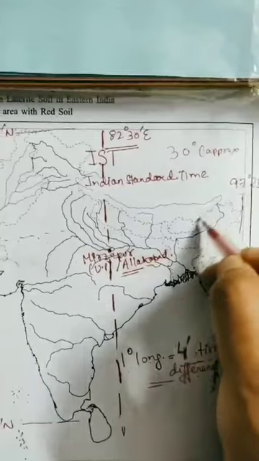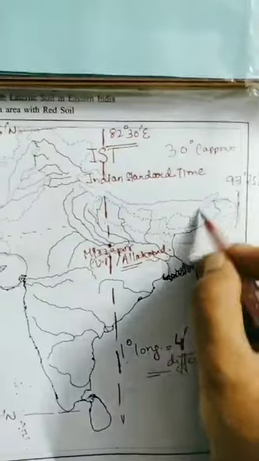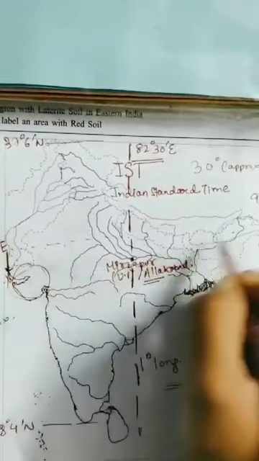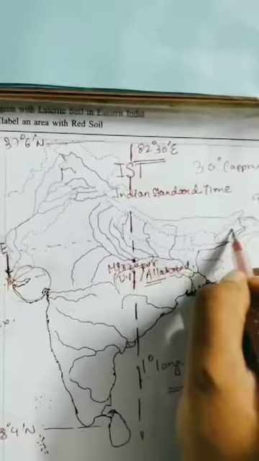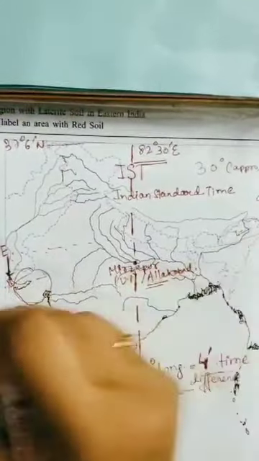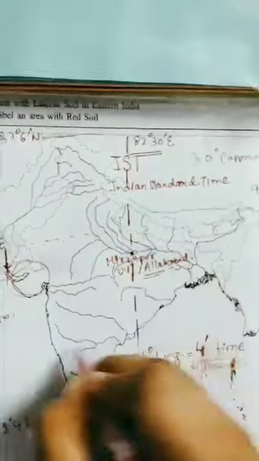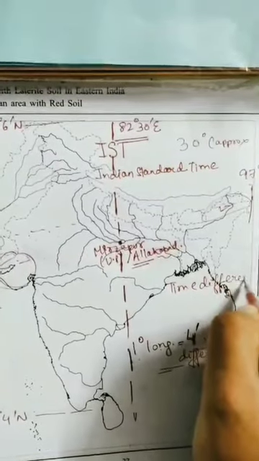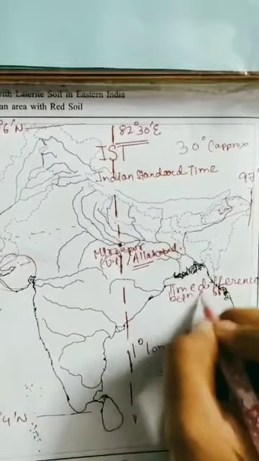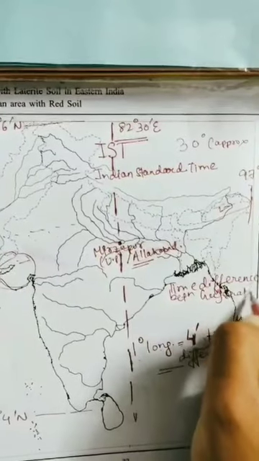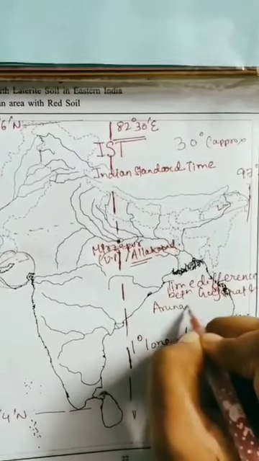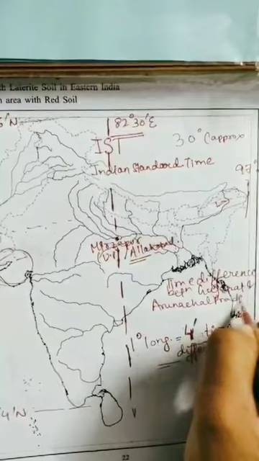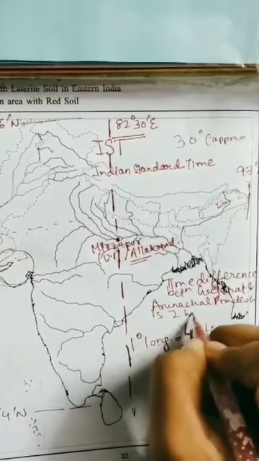This is Arunachal Pradesh, students, and this is Gujarat. As there is a time lag between Gujarat and Arunachal Pradesh, what is the time difference? As there is a huge distance, what is the time difference between these two states? The time difference between Gujarat and Arunachal Pradesh is 2 hours.